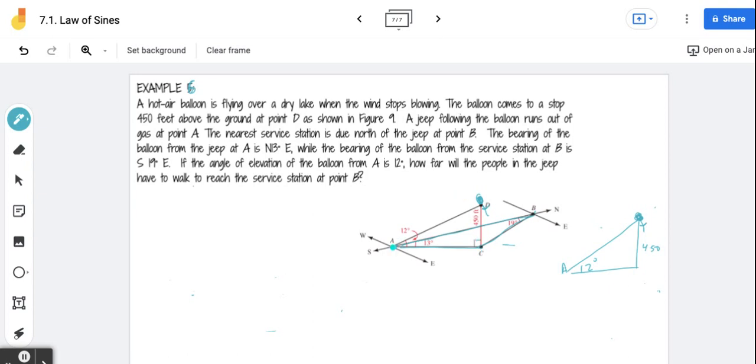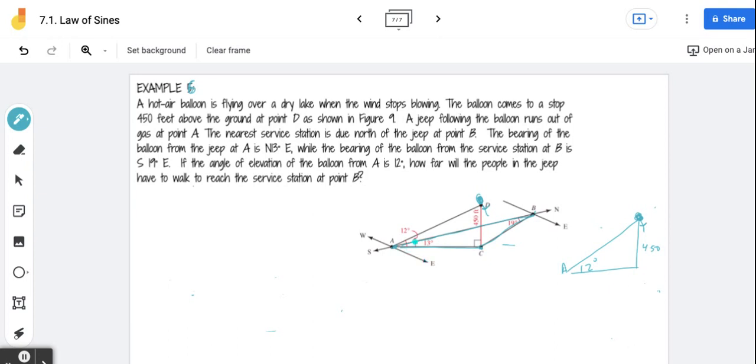So if you're at A and you've run out of gas and the nearest gas station's at B, and the balloon, this is directly under the balloon here at C. So it goes on to tell you that the bearings of the balloon from point A, where you ran out of gas, is 13 degrees east of north. So remember, this is north, this is east.